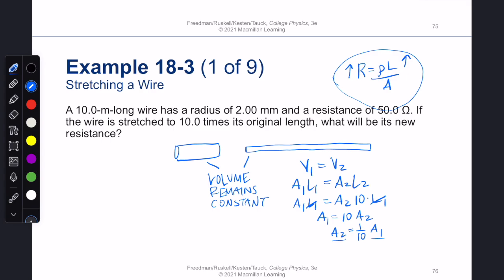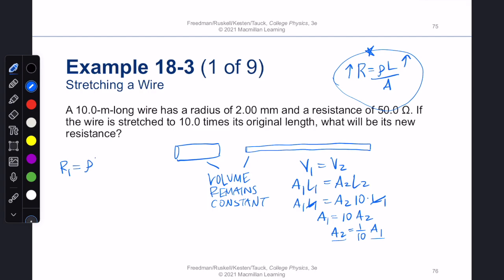So let's see how that now gets incorporated into our resistance relationship. What we're going to do is compare the resistance of the first wire to the resistance of the second wire.